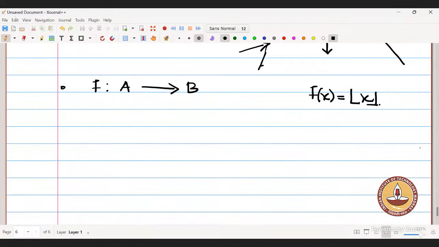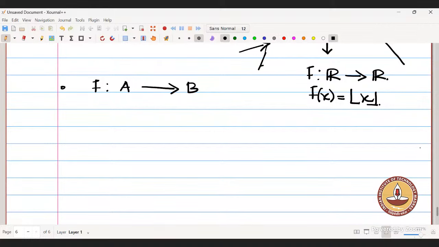Sir, it is also an increasing function, the greatest integer function. It's an increasing function, but not strictly increasing. But again, you can't apply the derivative test because this function is not differentiable. So suppose you consider a map from A to B which is differentiable.